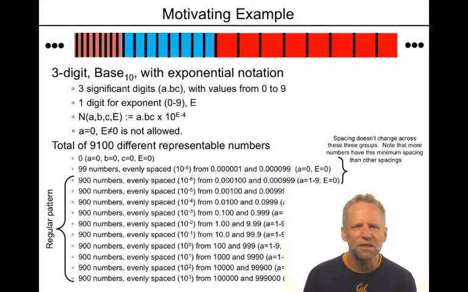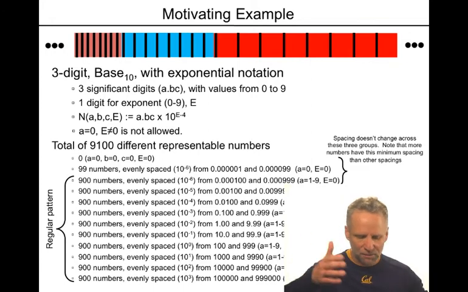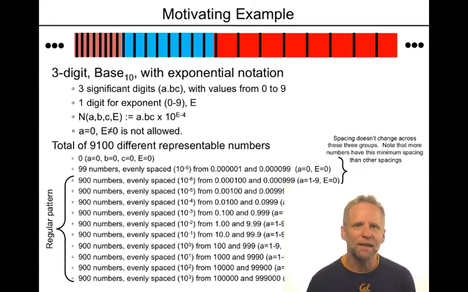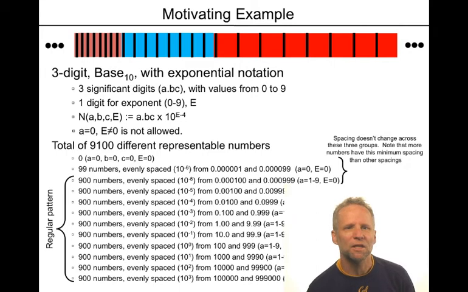If you look carefully, the spacing is 10 to the minus 6th. Whereas over the regular pattern, the spacing was always changing. So when we look at the real way the computer does this, we're going to see exactly this same pattern: a repeating pattern where a fundamental pattern is simply getting scaled up and down. And then at the bottom end, near 0, things are a little bit different.